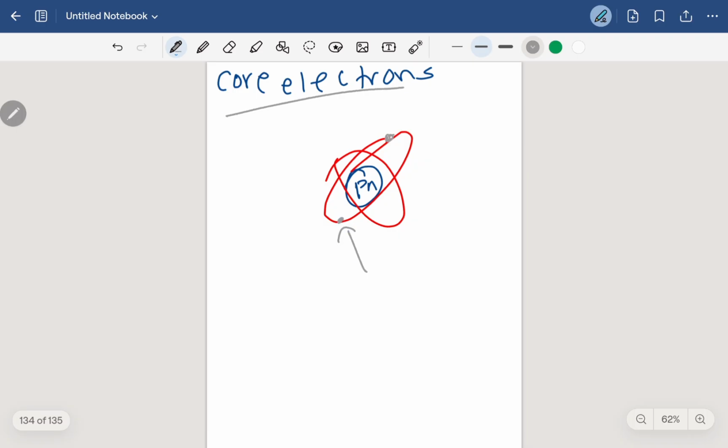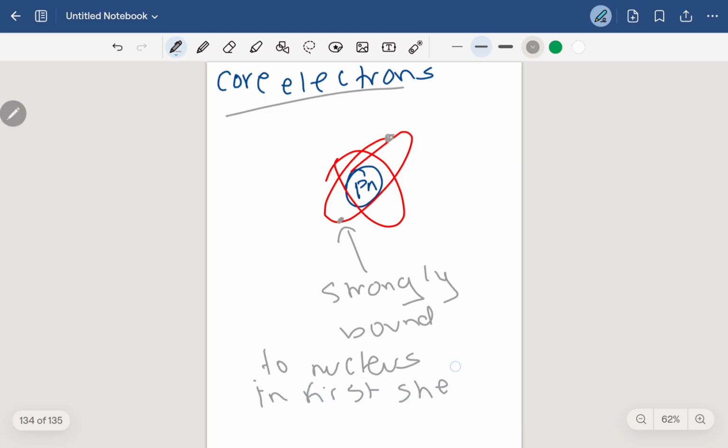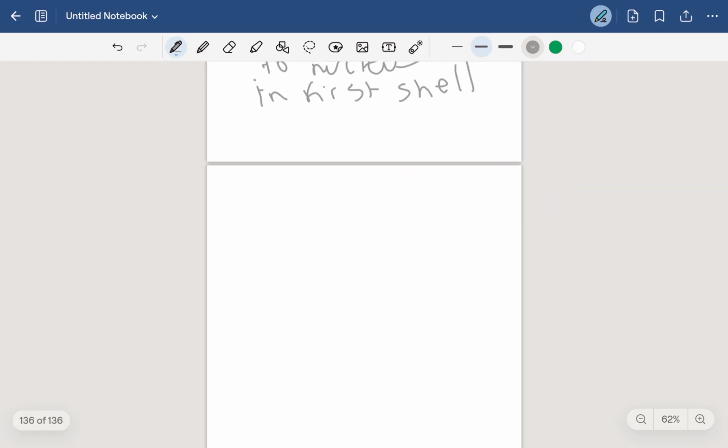These are called core electrons, because they are strongly bound to the nucleus. They are usually found in the first shell, which is directly after the nucleus, and they are really strongly attracted to the nucleus.